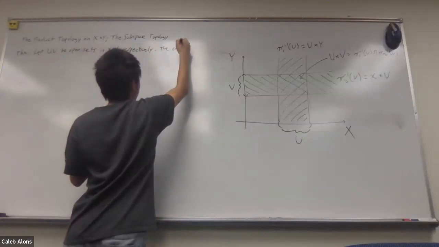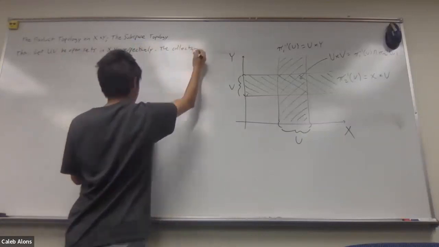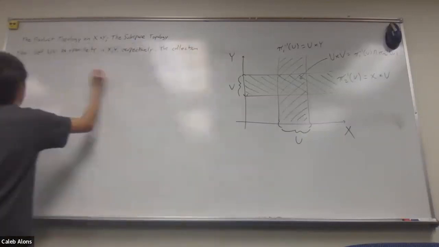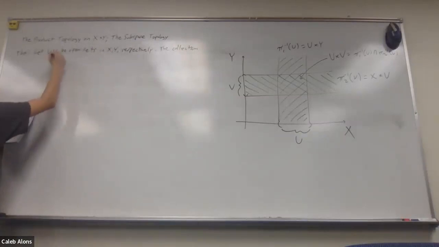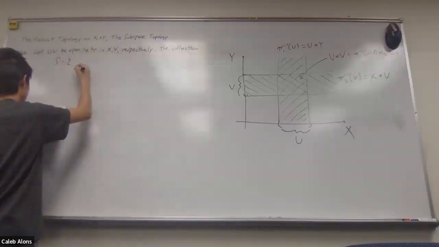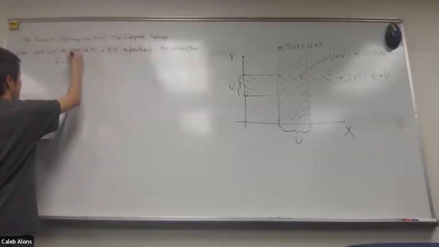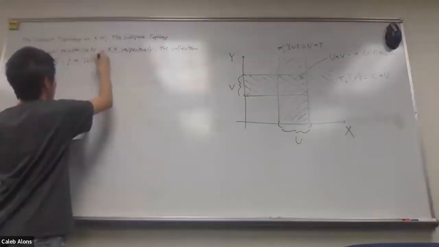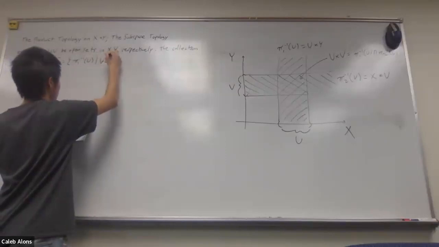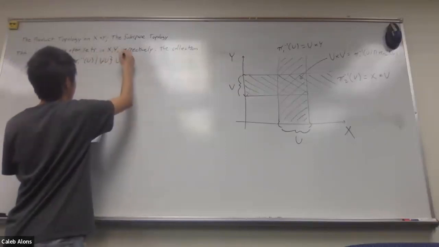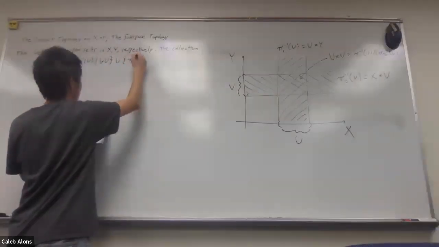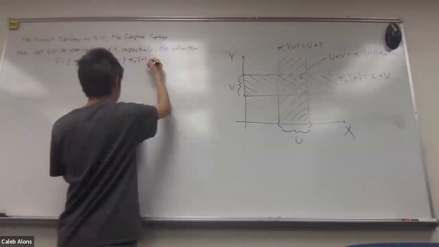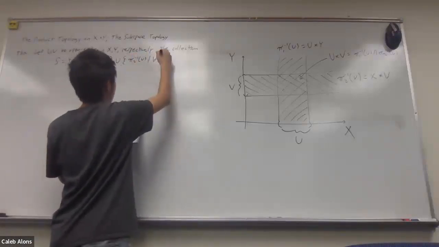So the collection, and we're going to define S as, we're going to take the P1 inverse image of U for all those U's, and the union with the P2 inverse image of V for all of the V's.